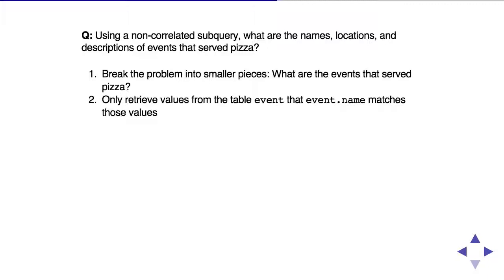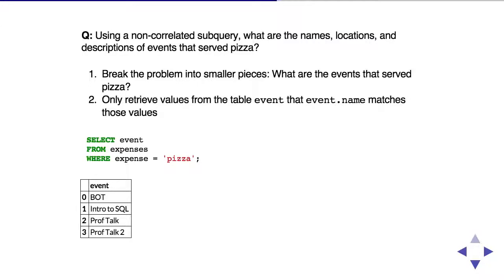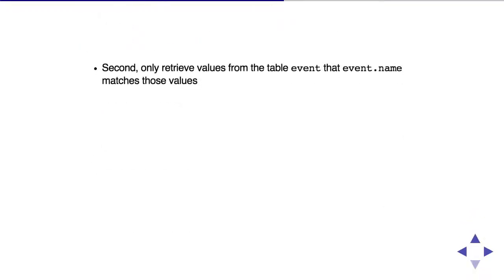I'm going to go on to next, okay? So if we select event from expenses, where expense is pizza, we would get this kind of table. From here, we could use this to build a new query.